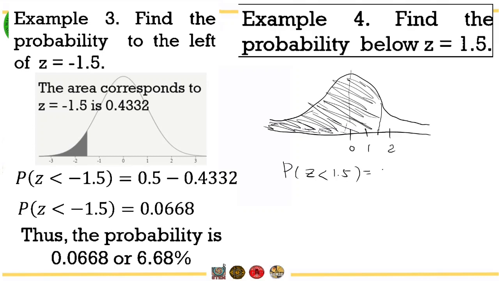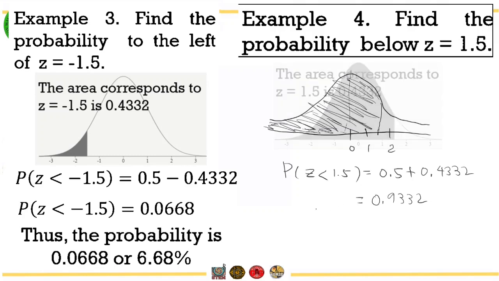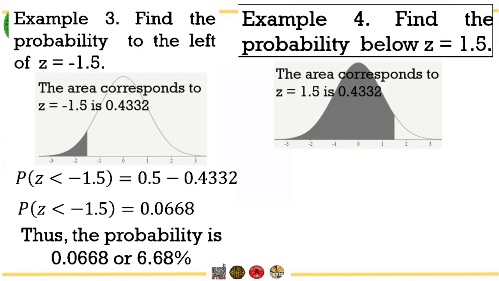We add 0.5 to 0.4332, so the total area is 0.9332. It is recommended to create the illustration first so that you will know what to do with the area.